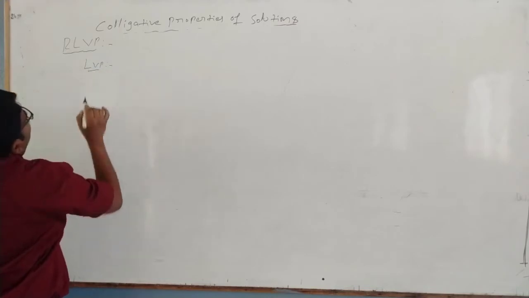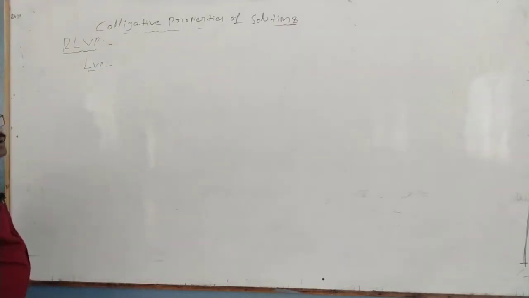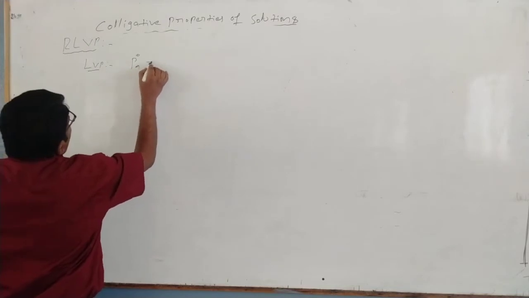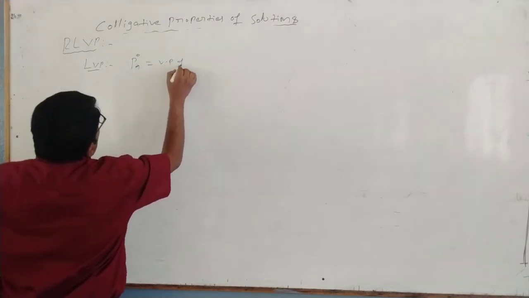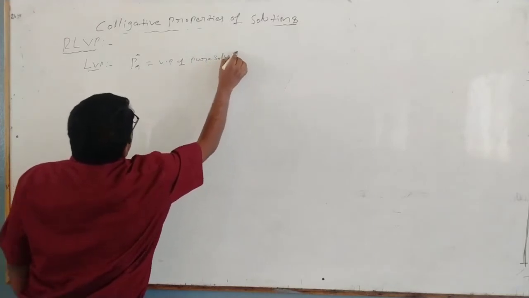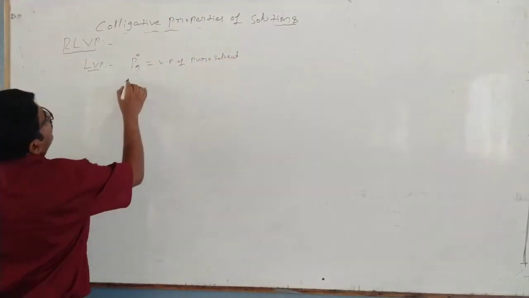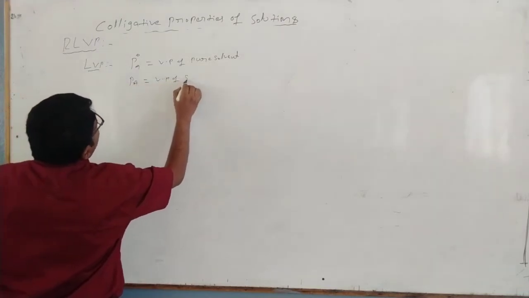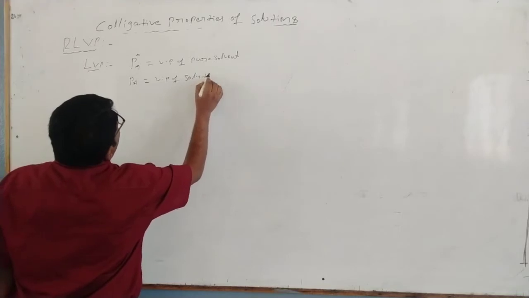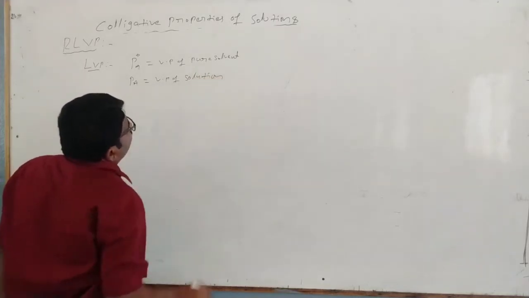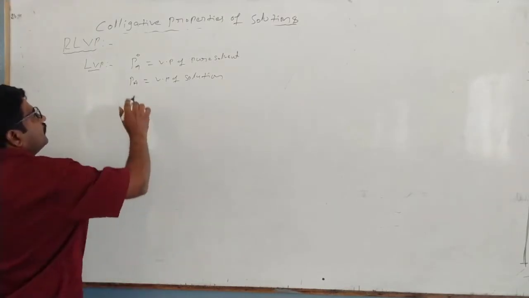What is lowering of vapor pressure? Here consider P0A, the vapor pressure of the pure solvent. Now PA is considered the vapor pressure of the solution.